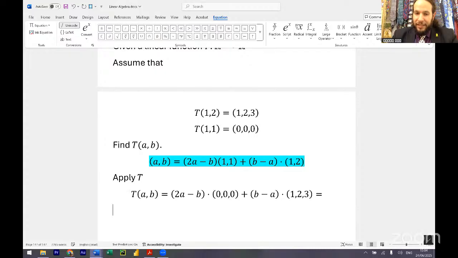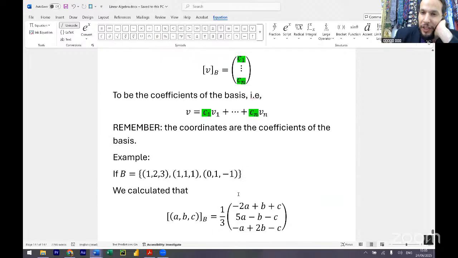And that is B minus A times (1, 2, 3). And if you remember, that is exactly the result we found before using Thomas's trick.